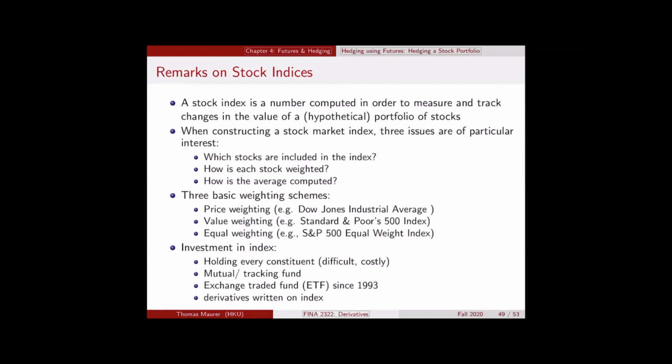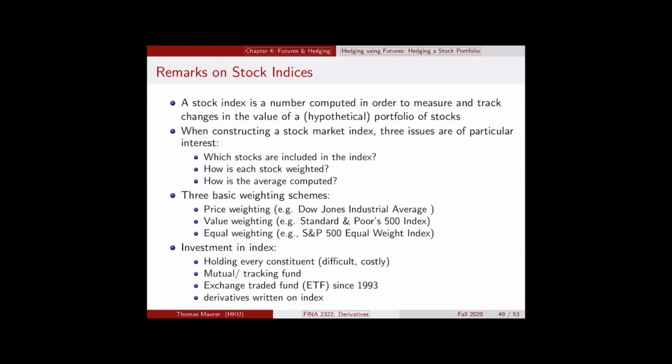When we construct an index, we have to make a few different choices. First of all, we have to decide what assets or what stocks we want to include in that index. So for example, do we want to represent the market of an entire country? Do we want to represent the overall world market portfolio? Or do we want to focus on a certain industry, for example, the tech industry, versus, for example, the health industry?